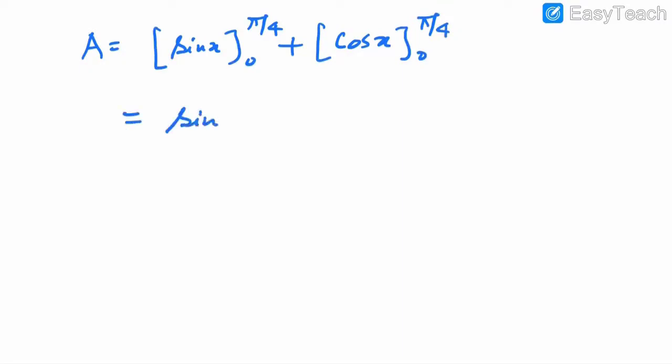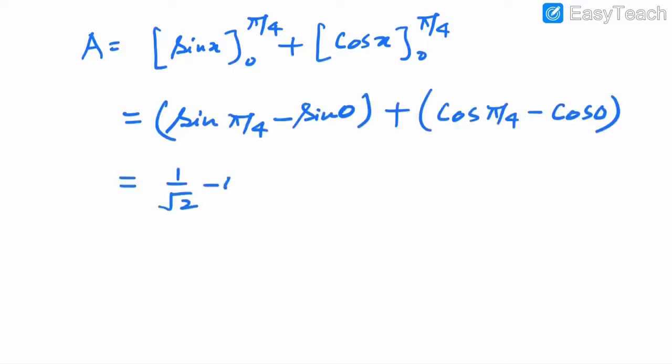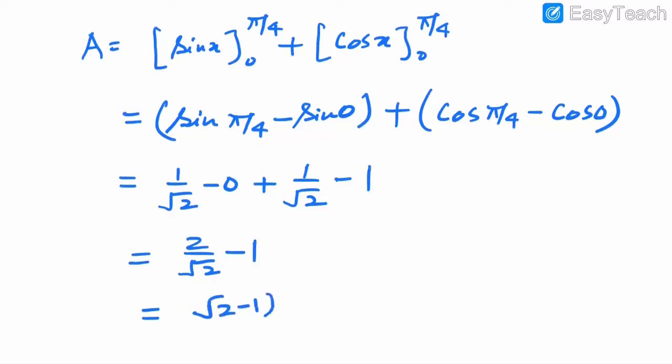Now putting in the values, sin pi by 4 is 1 upon root 2, sin 0 is 0, and plus cos pi by 4 is 1 by root 2 minus cos 0 is 1. So 1 upon root 2 plus 1 upon root 2 is 2 upon root 2 minus 1. This can further simplify, and finally we get root 2 minus 1 square unit. So this is the required area.